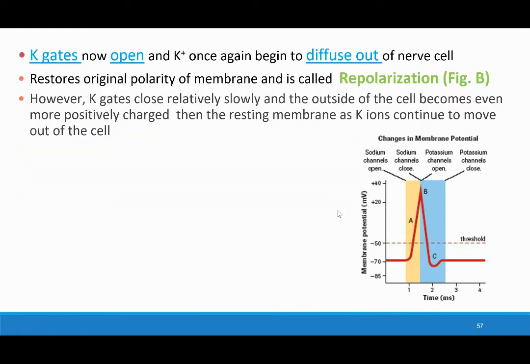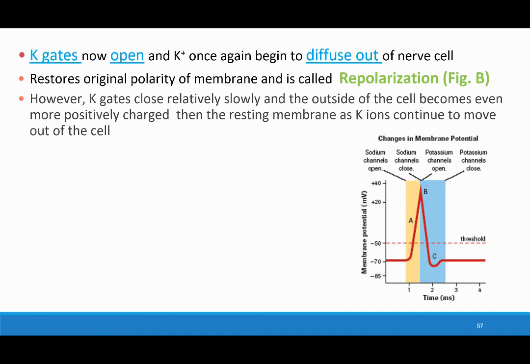So the potassium gates open and potassium ions start to diffuse out of the nerve cell, again moving down their concentration gradient from high concentration on the inside to a lower concentration on the outside. And that process is called repolarization.